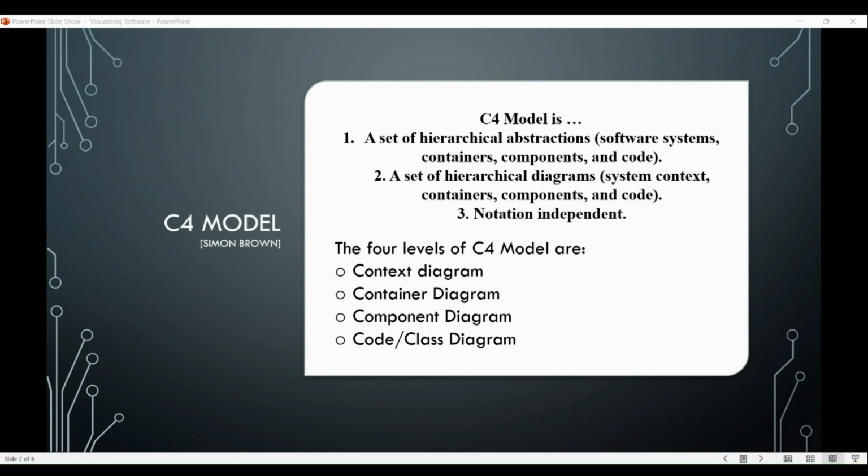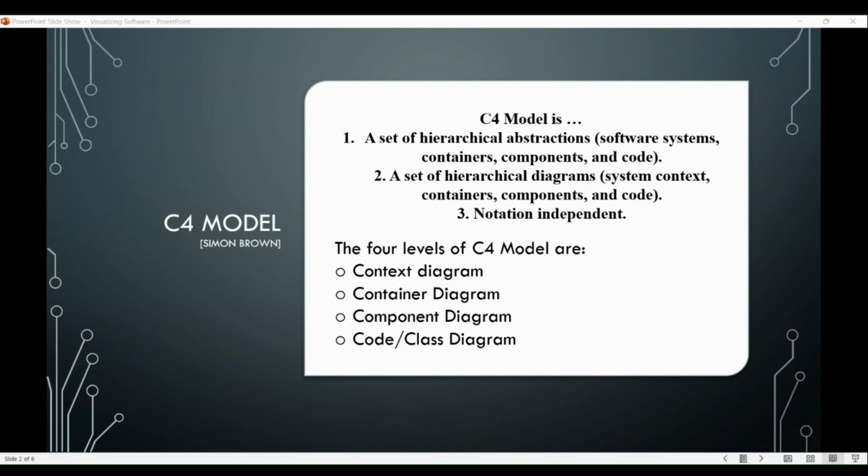Then we have the container diagram, which shows the high level architecture of the system, including the different containers that make up the system and the dependencies between them. Inside the containers, we have the component diagrams, which show the components within each container and how they interact with each other.